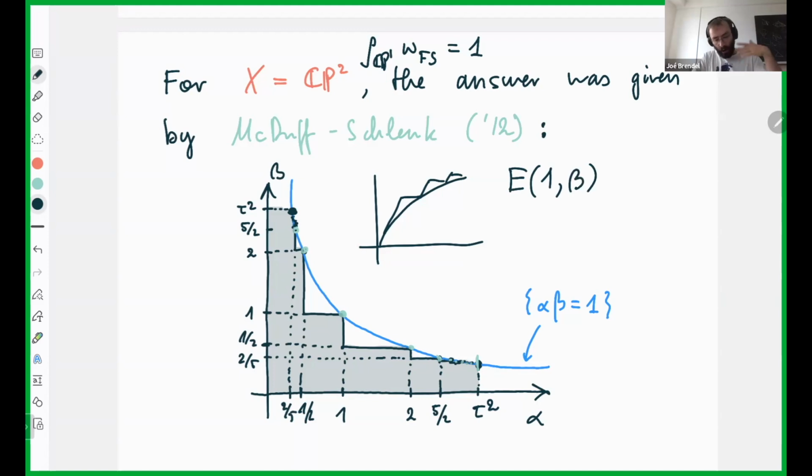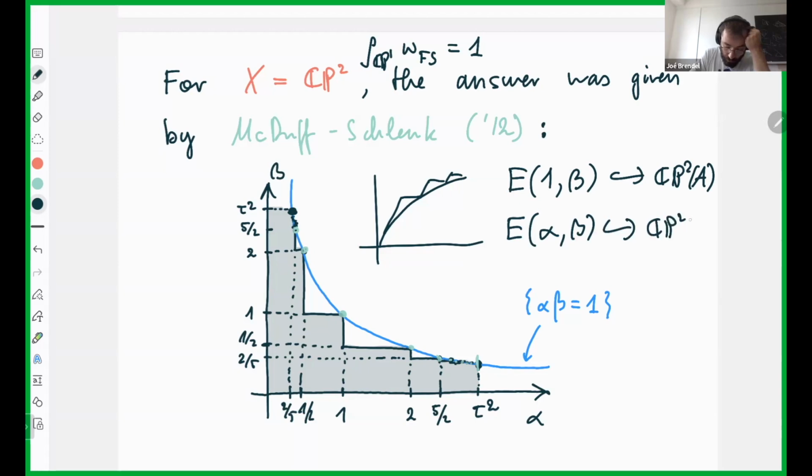So you can normalize everything by multiplying by a certain constant. And so the usual choice would be to normalize by setting one of the parameters of the ellipsoid equal to 1. But this is not the choice that we make here in this talk. In this talk, I will normalize the size of CP2 to be equal to 1.